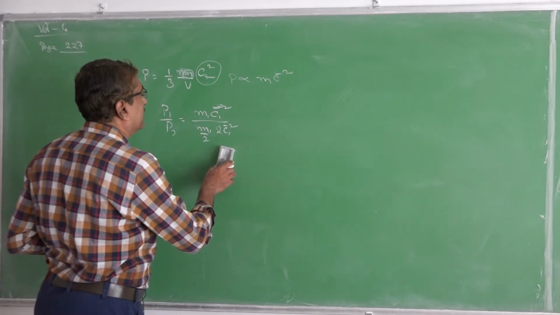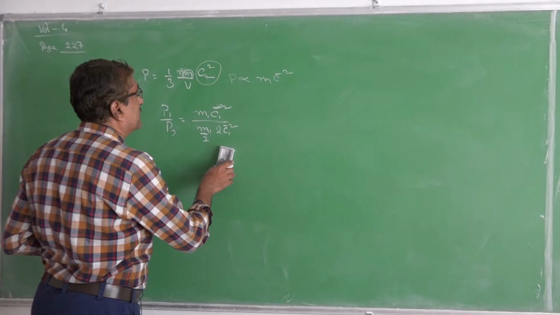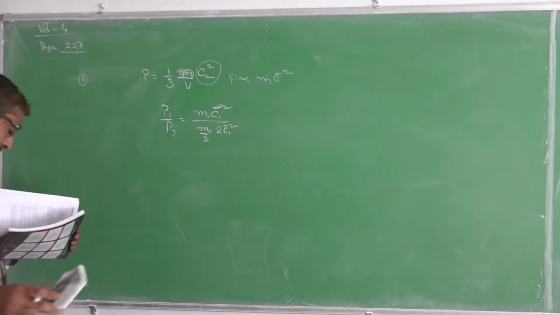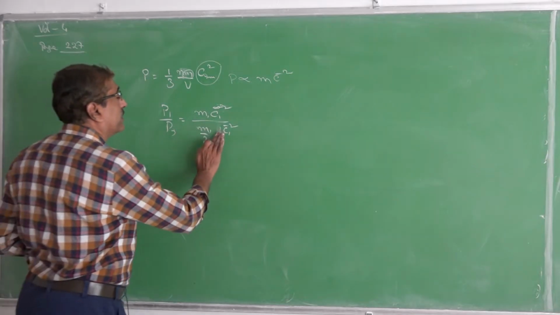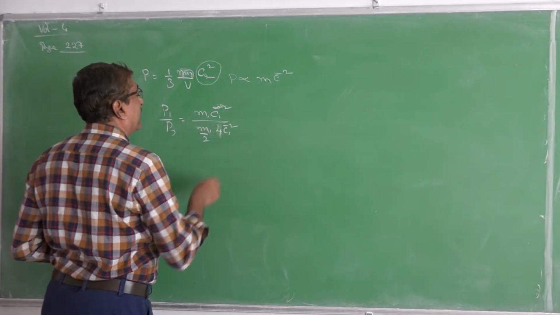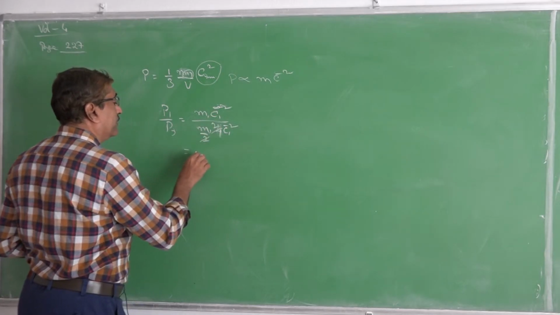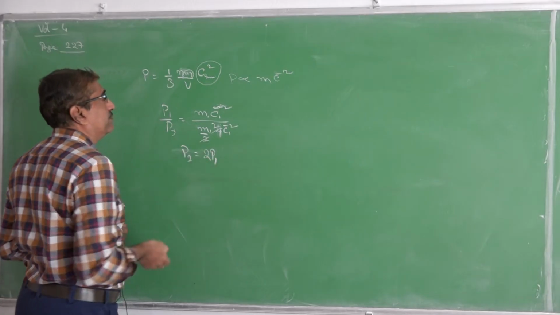Double the velocity, isn't it? Okay, it becomes 4 times, sorry. So that is P2 is equal to 2P1.